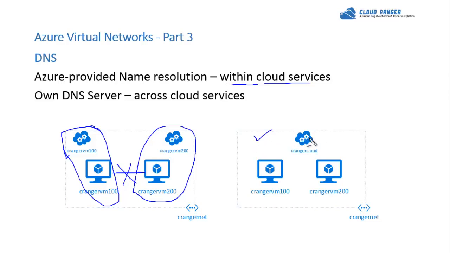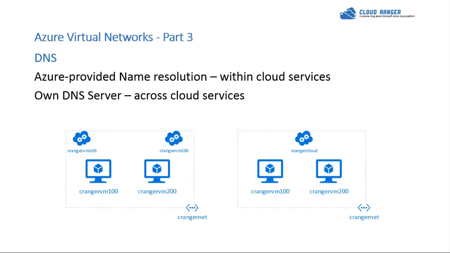So this would be the scenario: there's one cloud service and there are two virtual machines in there, meaning these two hosts will be able to use the Azure provided name resolution to look each other up. There must be very good reasons for doing that, but that's by design. In our demonstration, we will create these two scenarios and see if the name resolution is possible or not.